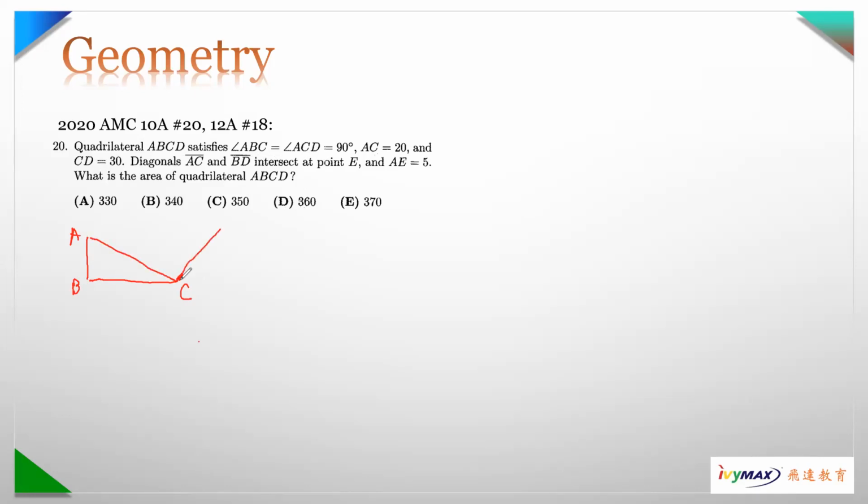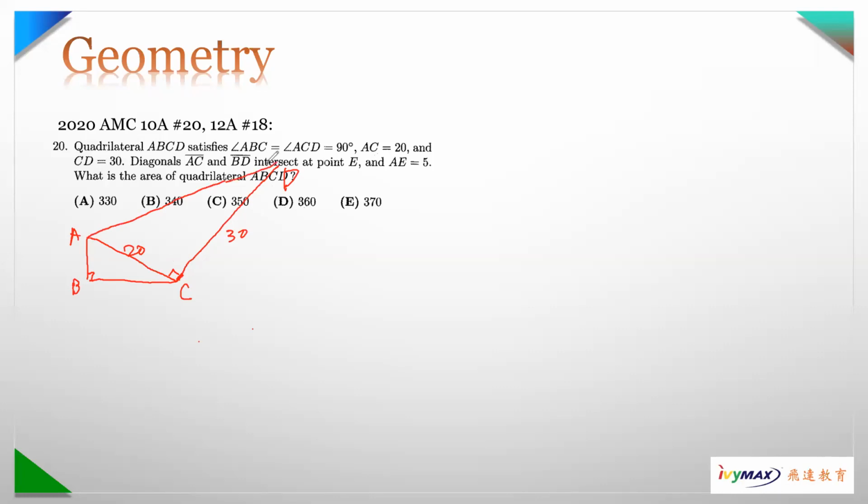And D is somewhere here, right? D is here. Okay, and that is another right angle. And AC is 20, and CD is 30. All right, and I connect A and D, that forms a quadrilateral now.